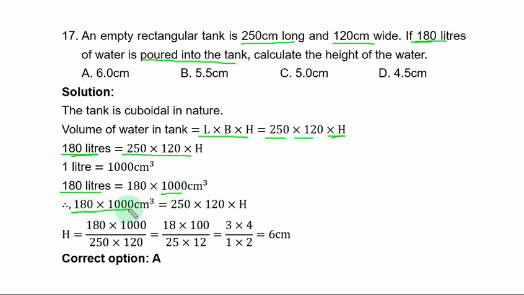So you have it in this form, equal to the right hand side. To make h the subject, divide through by the product of these two numbers. That is what you have here. If you reduce, you get this. You reduce again, you get this. If you multiply and divide, you have 6 cm as the height of water in the tank.